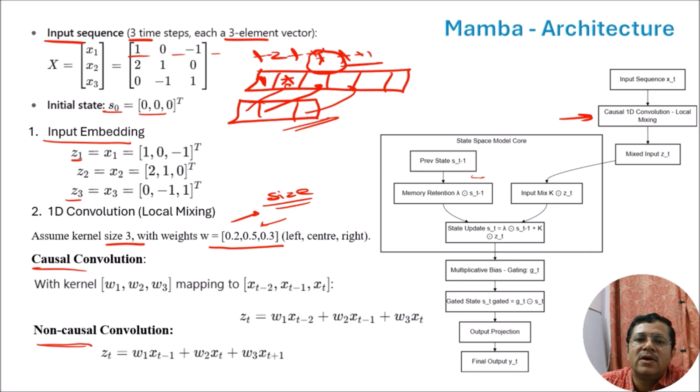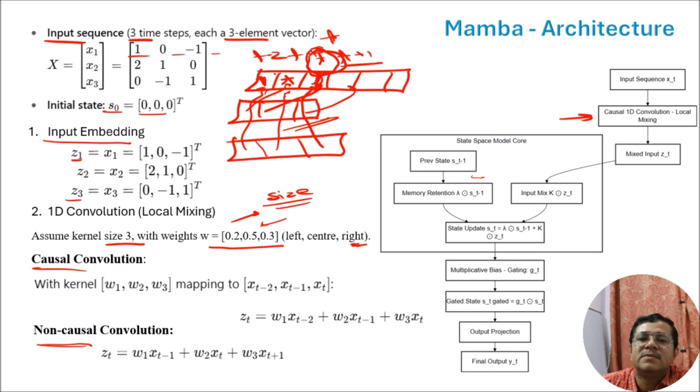But suppose we want to achieve the causal convolution. Here our value is t, this is our target, then we have to set our kernel in such a way that the right part of this size-3 kernel will be multiplied with state t. This is state t minus 1. This will multiply with state t minus 2.